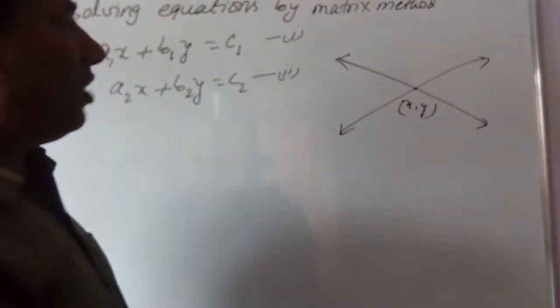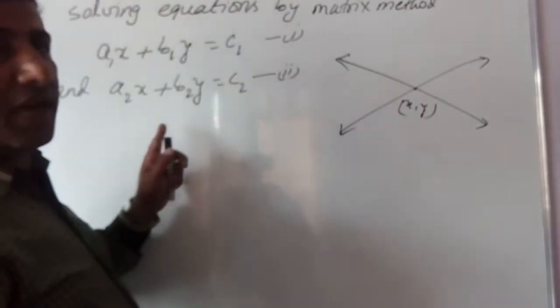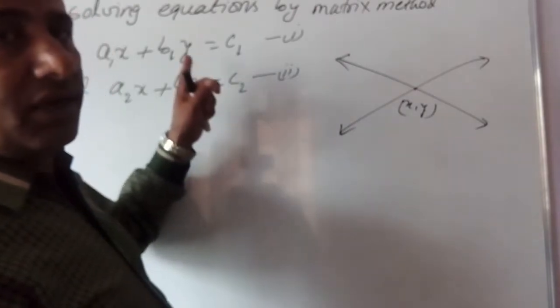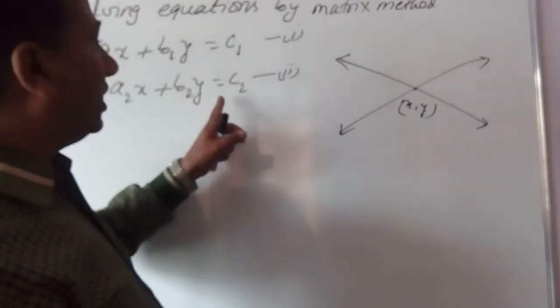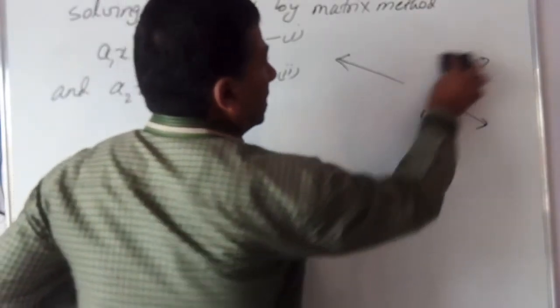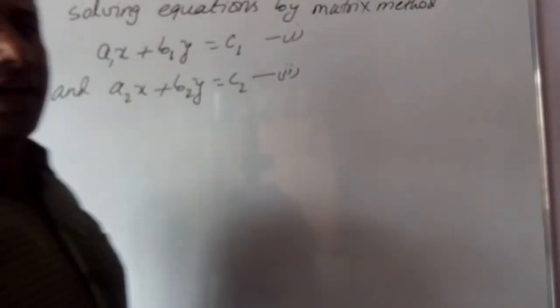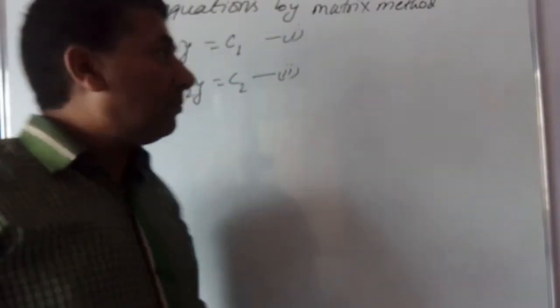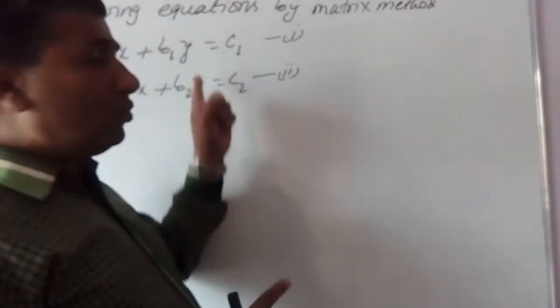How to find this point of intersection? Solving equations means finding the values of x and y. In another sense, finding the values of x and y means finding the point of intersection of these two straight lines.